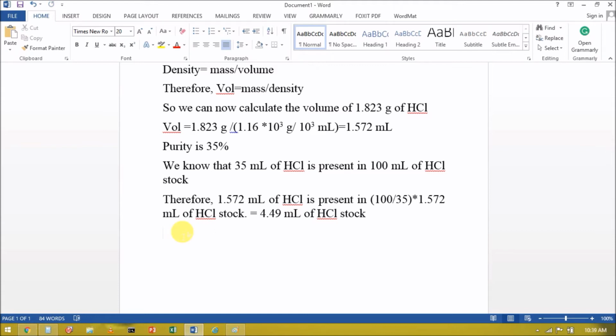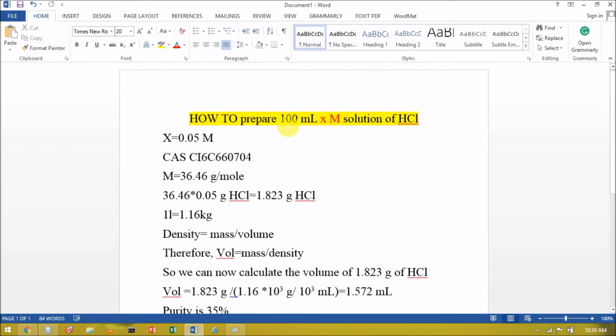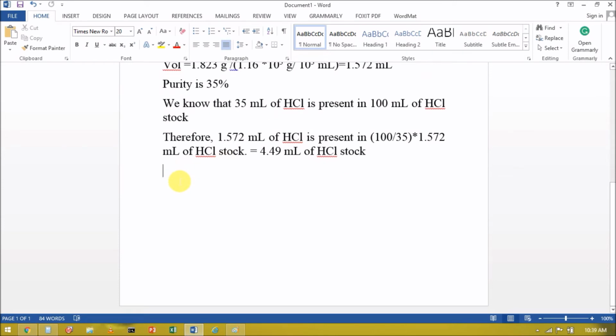What we have discussed so far is for 1 liter, but the problem was to prepare 100 milliliter of 0.05 molar HCl. So this data is for 1 liter. For 100 ml, obviously we have to take 1/10 of this volume.